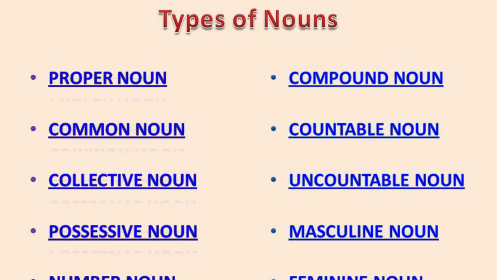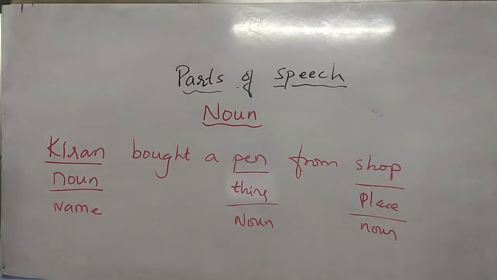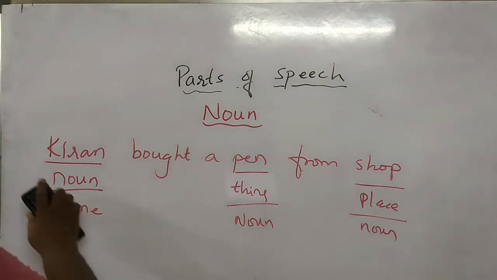So these are the types of nouns. Now from that we'll go ahead with the first noun, which is called the proper noun.